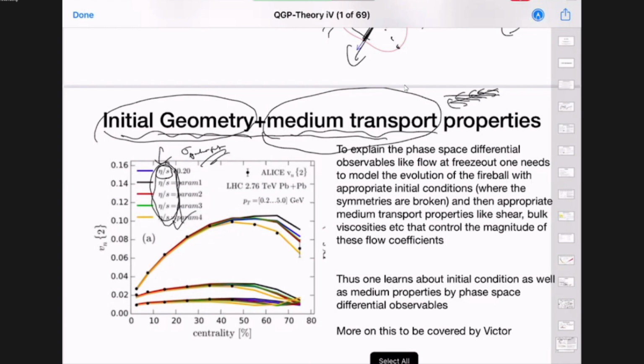Either the energy momentum tensor, for which the relevant transport coefficients are shear, bulk, and so on, or some net baryon charge or electric charge, for which you have the corresponding transport coefficients like baryon conductivity or electric charge conductivity and so on.